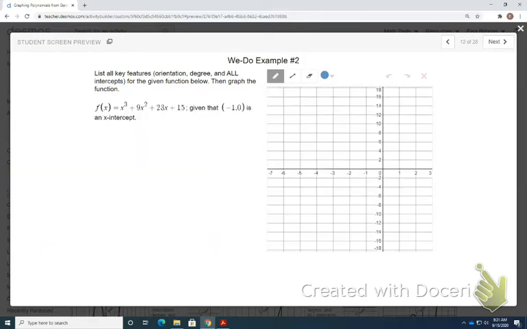Okay, so again, we're going to find all key features of this polynomial function. Let's start with orientation. Orientation is positive because the leading coefficient is positive, so it has positive orientation.